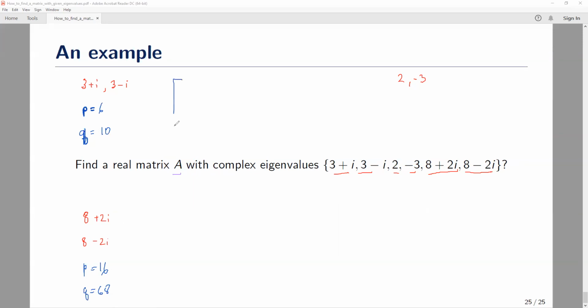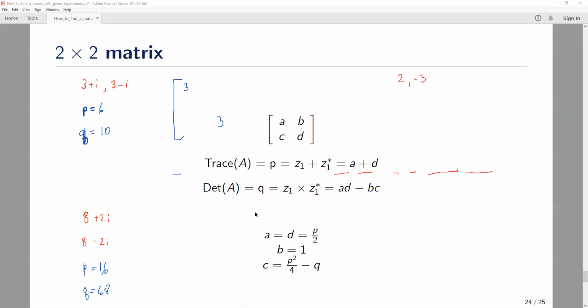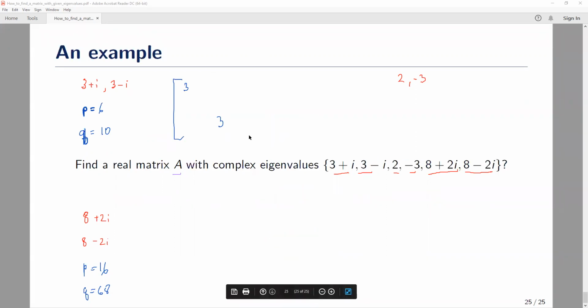So the matrix was what? P by 2, so 3 and 3, and 1 here, and P square by 4 minus Q. P square by 4 is 9, minus Q is minus 1. 36 by 4 is 9, 9 minus 10 is minus 1.